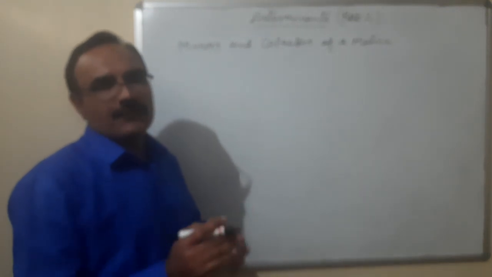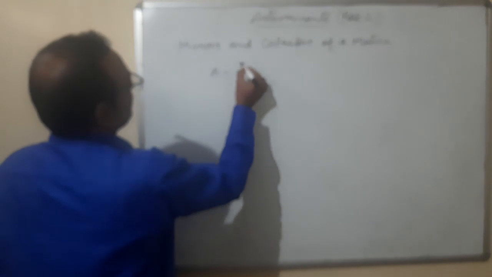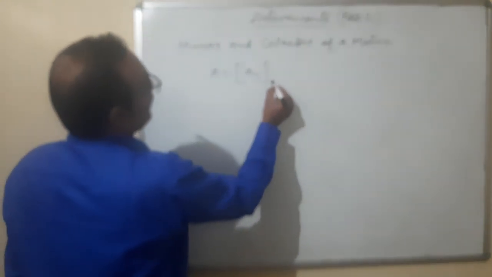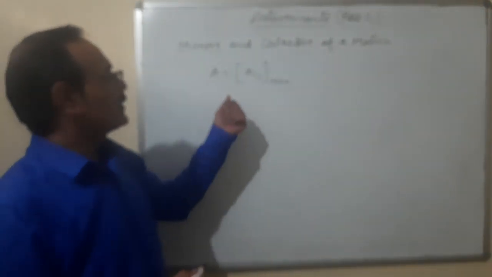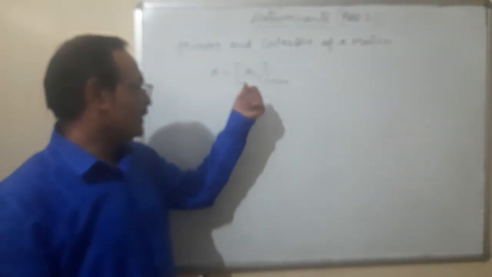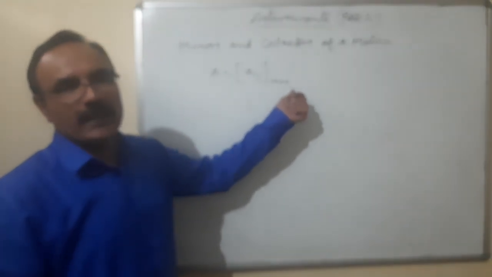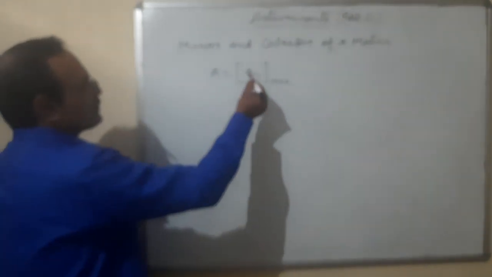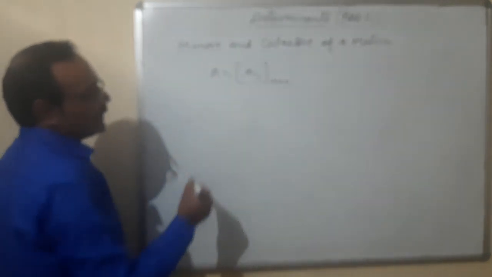Minors are defined in such a way: suppose a matrix A is equal to [aij] of order m cross n. We are going to find the minor of aij.